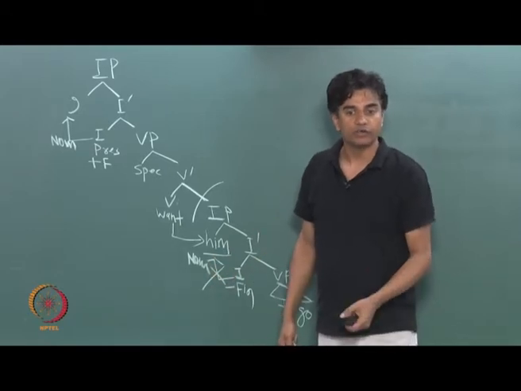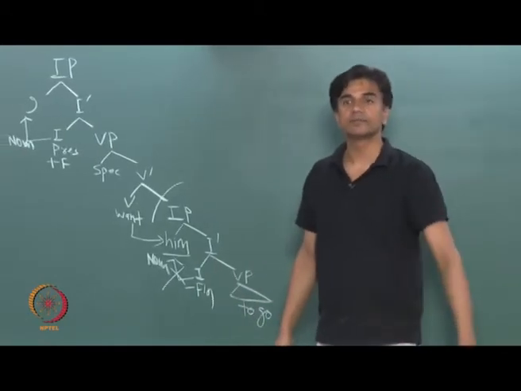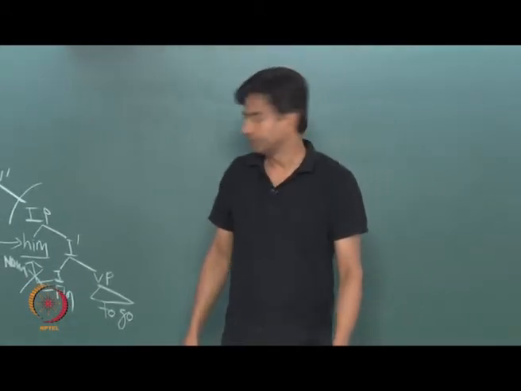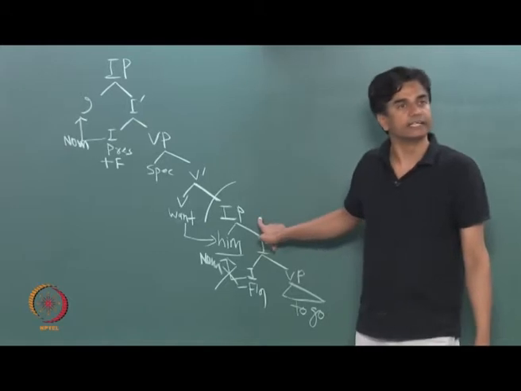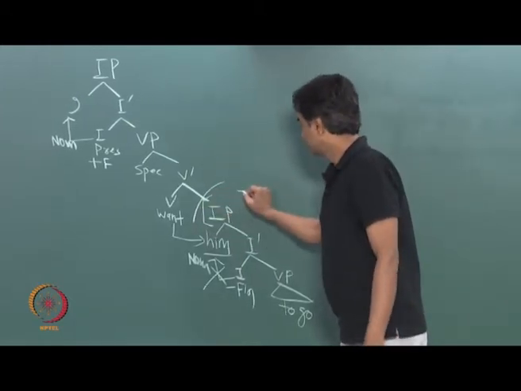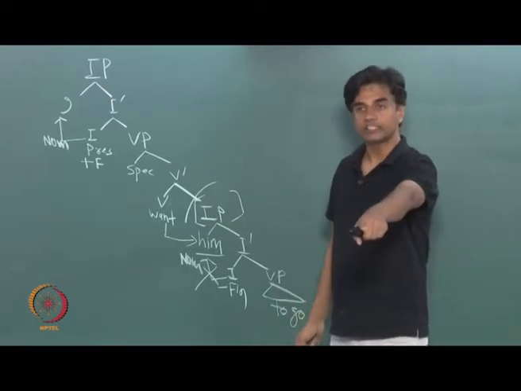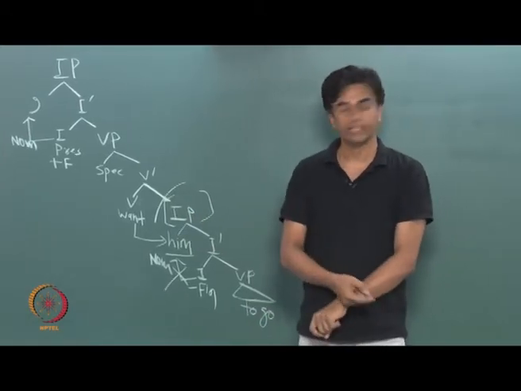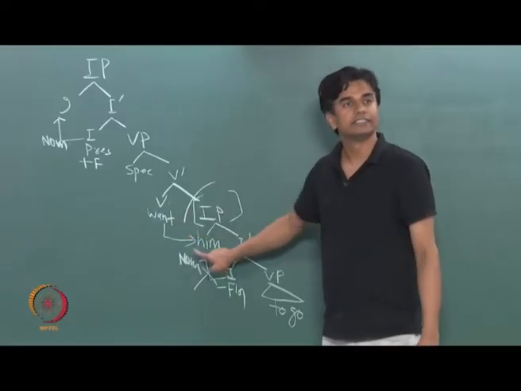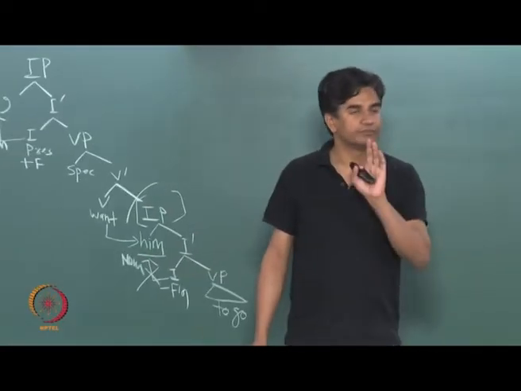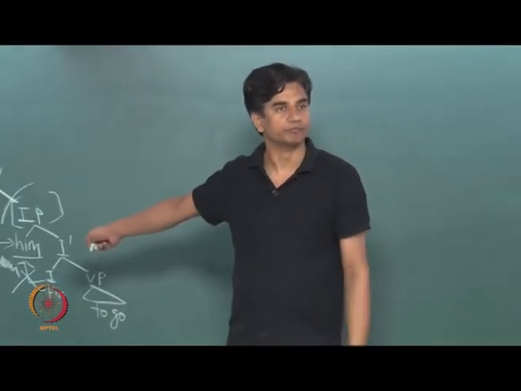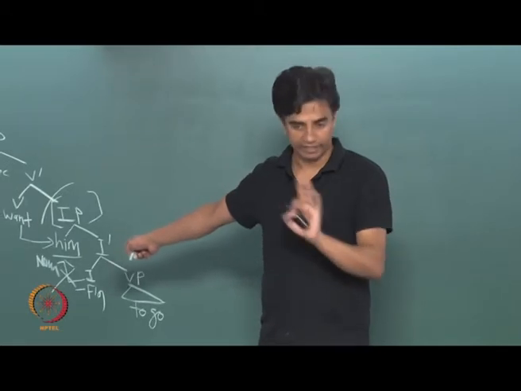But what is not okay is maximal projections are barriers. See that? There is another maximal projection here, which is IP. Following this definition of government, V should not be able to assign accusative case to this NP. See this thing? Very nice.